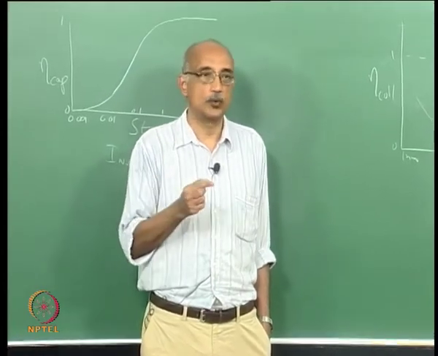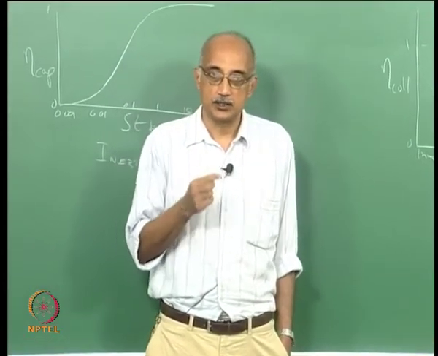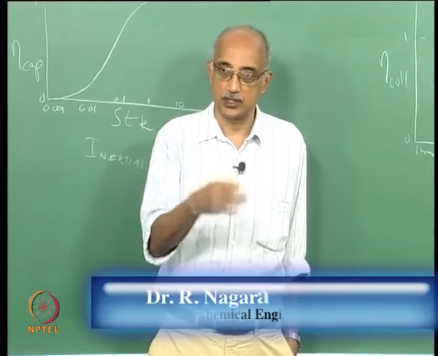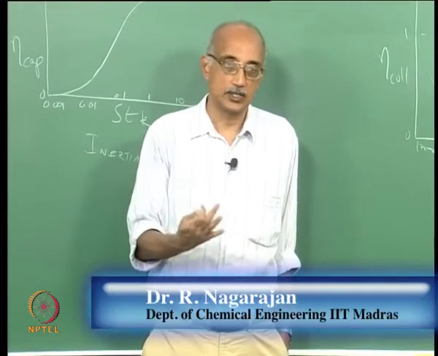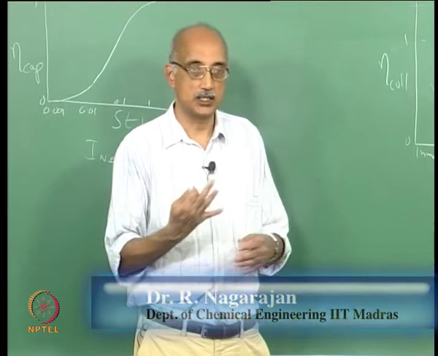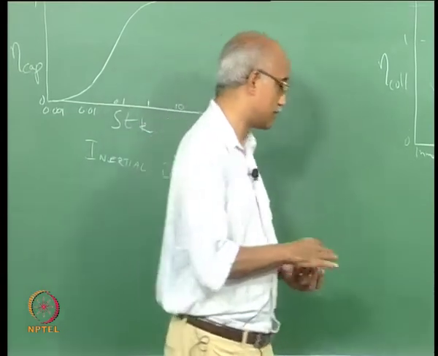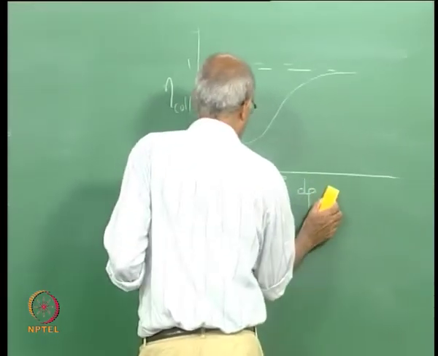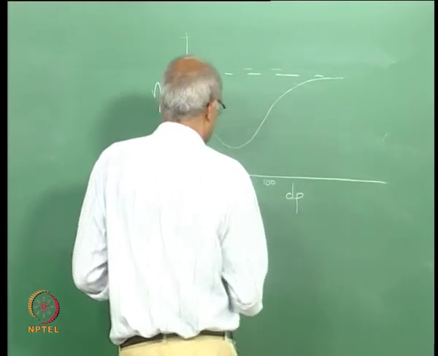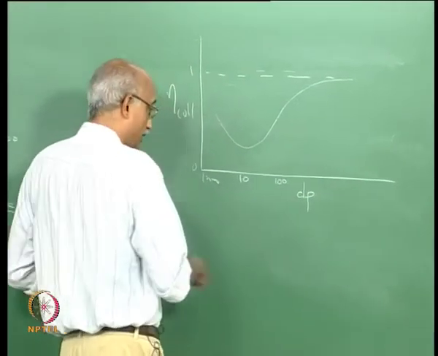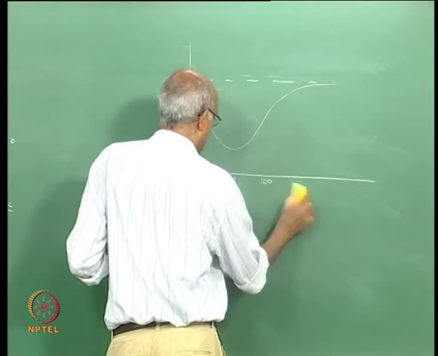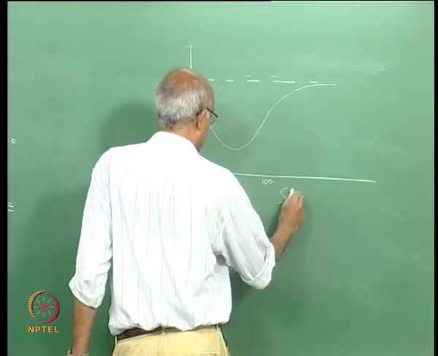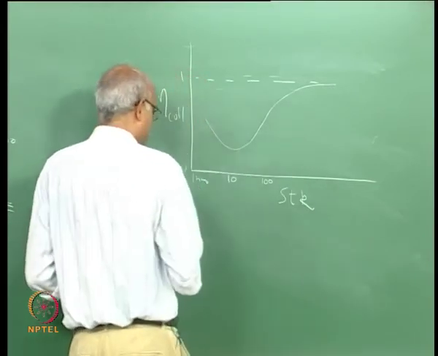for a size that is slightly below 0.1 microns, because inertial effects have not set in yet, because as we have seen before, inertial effects start to become important when you start exceeding Stokes number. Sorry, if you write this in terms of the particle diameter, that's probably not a good measure. Let's go back to our Stokes number representation.